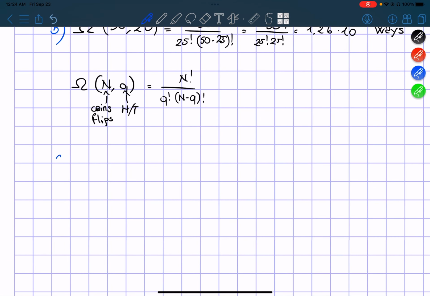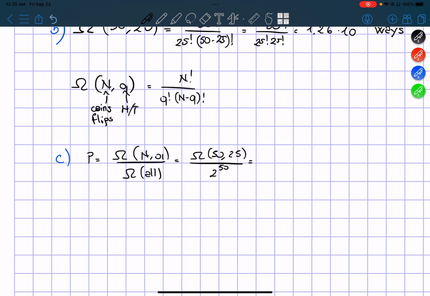Part C instead just asks, what is the probability of getting exactly 25 heads and 25 tails? Well, the probability is equal to omega of n, q over omega of all. We said 25 heads, 25 tails, so omega of 50 comma 25 over omega all, which is 2 to the power of 50, because we have 2 to the power of 50 combinations.